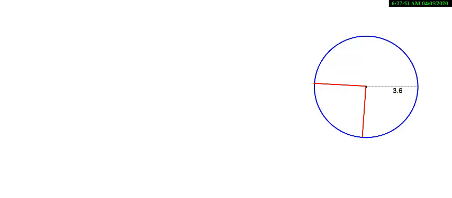I'm gonna illustrate the endpoints. The central angle will be, for example, 85 degrees. The measure of the central angle, which is 85. So I'm gonna say this is C, this is A, and this is B.